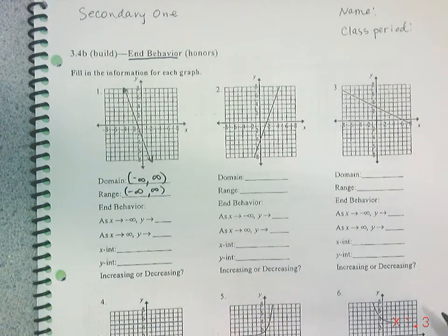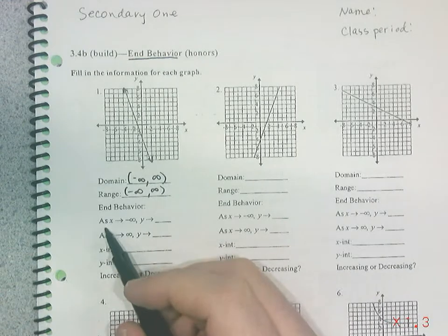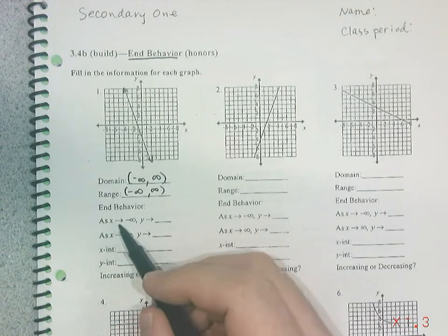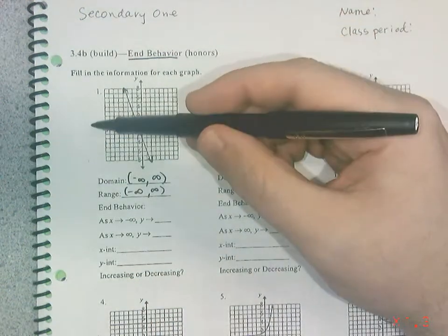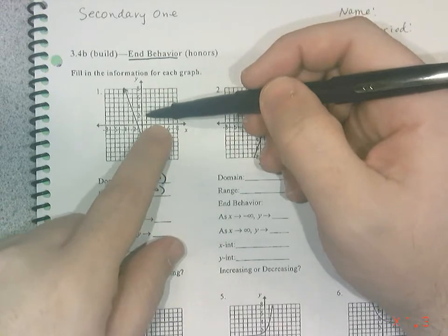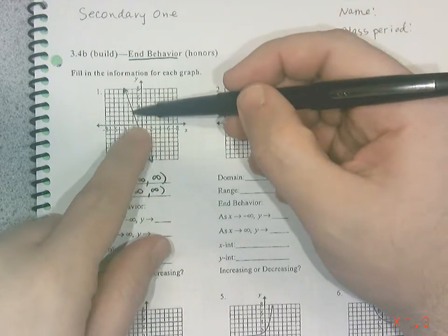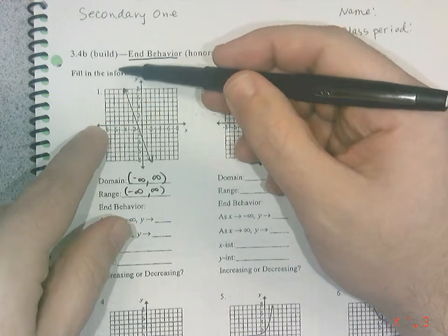So now we come to our new stuff, the end behavior. What it's saying is that as x goes to negative infinity, so as we go to the left, we want to look at what's happening to our line. As we go left, it looks like it's going up, right?